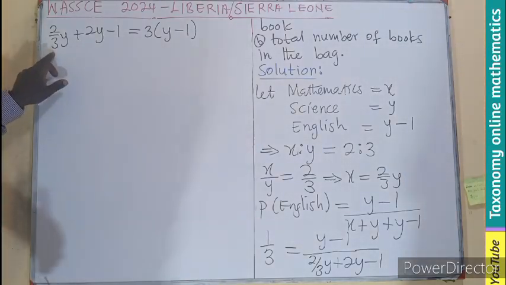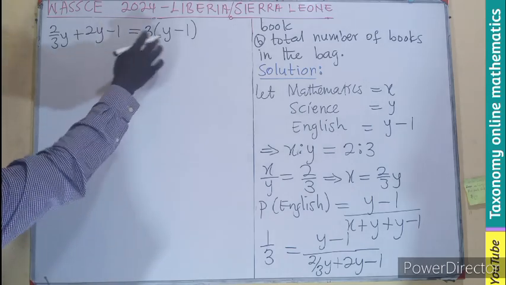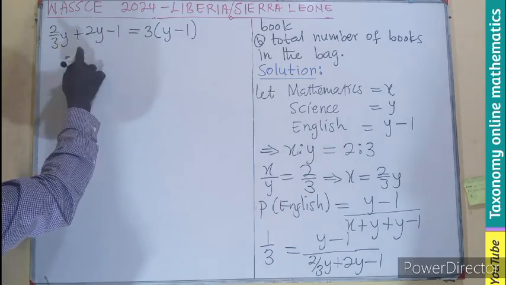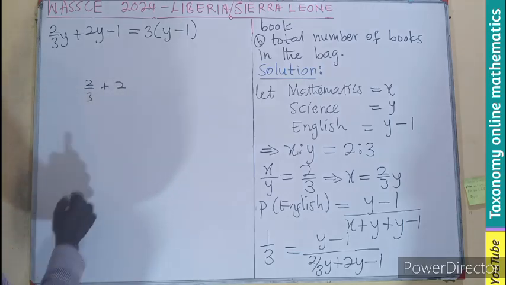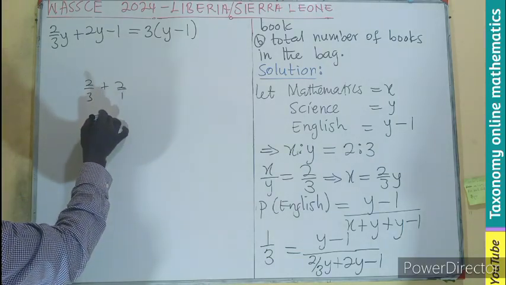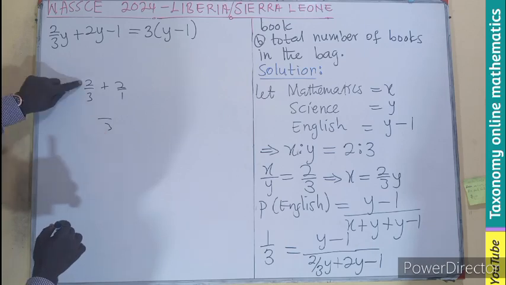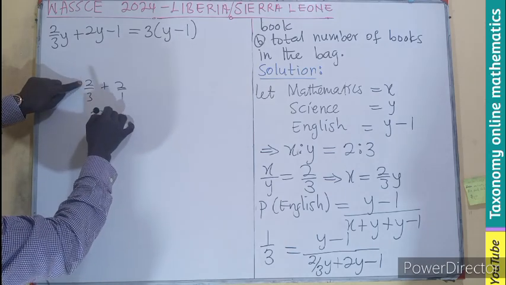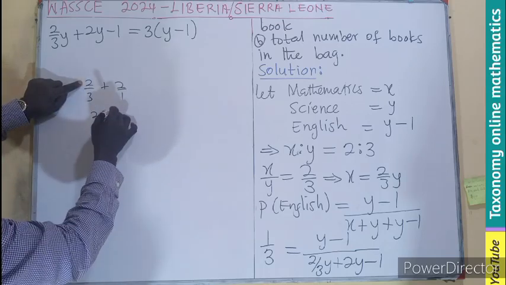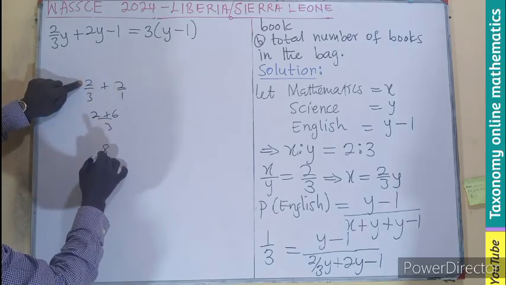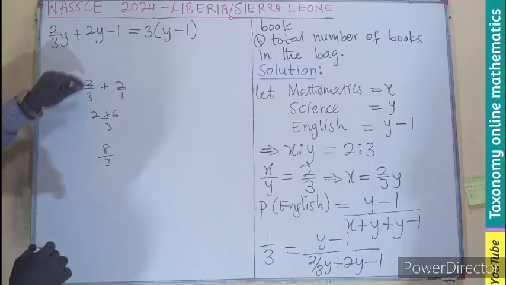So this right here, we can expand. We can add 2/3 plus 2, whereby your LCM is going to be 3. 3 here, 1 times this is 2. 1 here, 3 times this is 6. So you'll be having 8/3 from here.